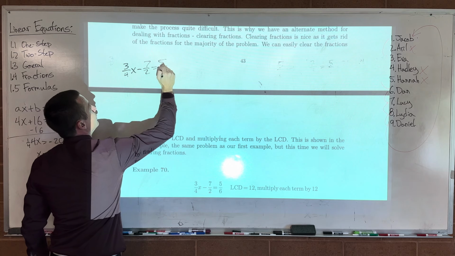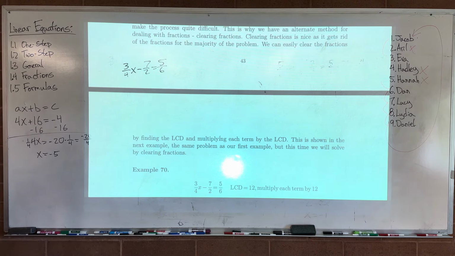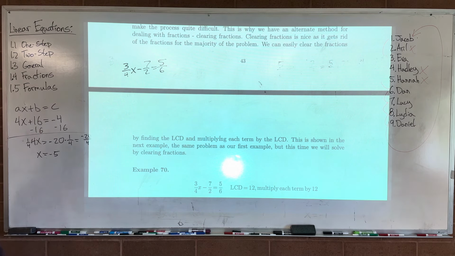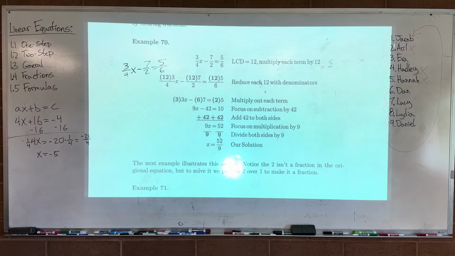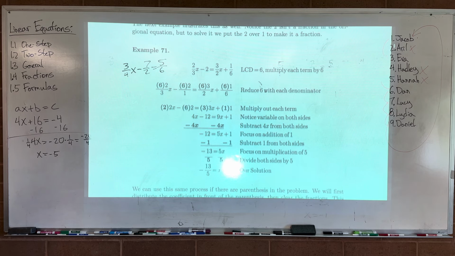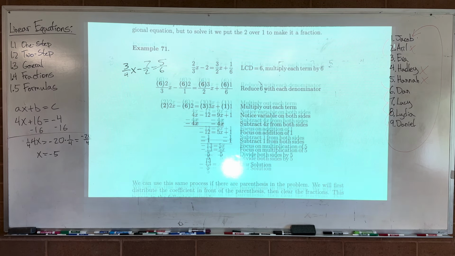Oh, that's exactly what we just did. No, it isn't. I think it's different somehow. Least common multiple. Least common denominator. So he's just showing a different way to do it. Okay. So it's the same thing. I thought it looked too familiar.